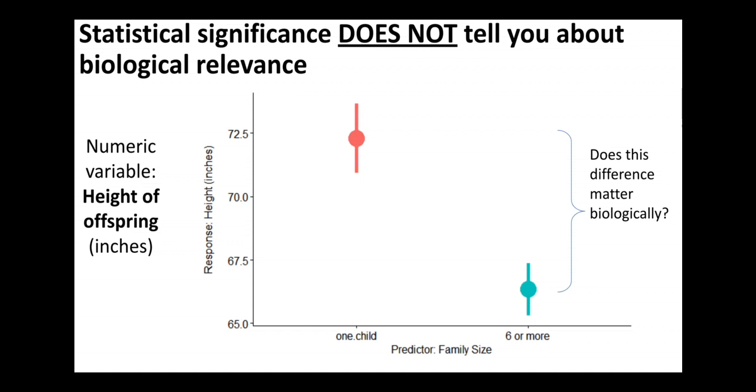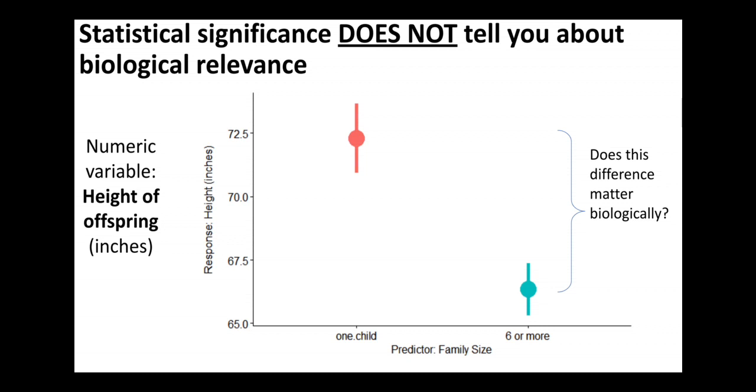Larger families would have fewer resources per child. However, I don't actually know what resources were allocated to these families or to these children, what resources they had available to them. I'm making a guess that these families differ in the resources they could devote to feeding their children.